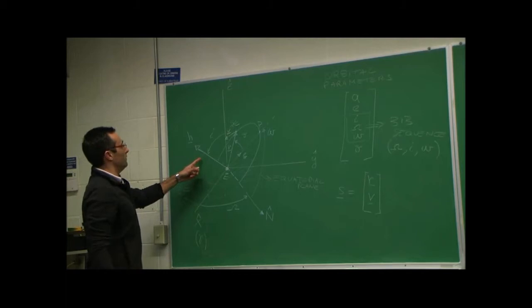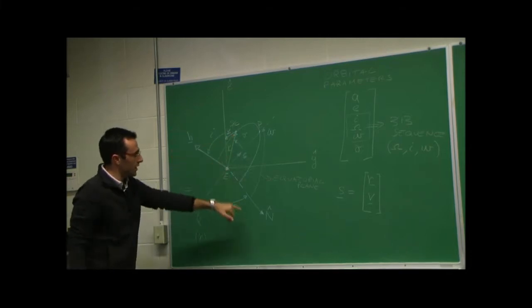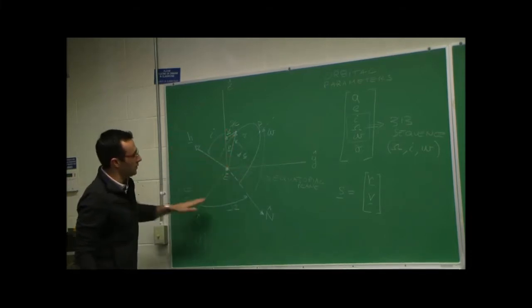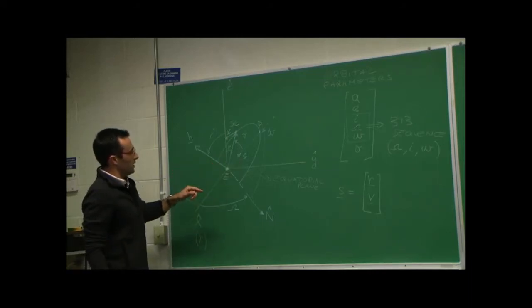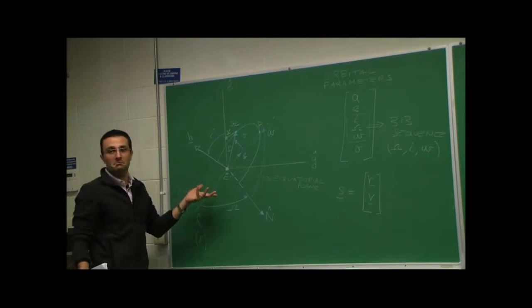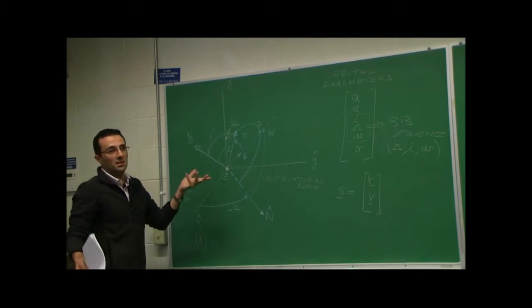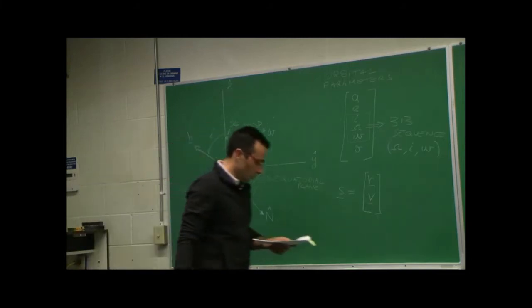It's almost that. H is there, so H is normal to the plane, and this line is the intersection between the orbital plane and the equatorial plane. And so if H is normal to the orbital plane, what is the axis that is normal to the equatorial plane? It's Z. So exactly what you're saying, but I'll just do it with Z. Make sense?